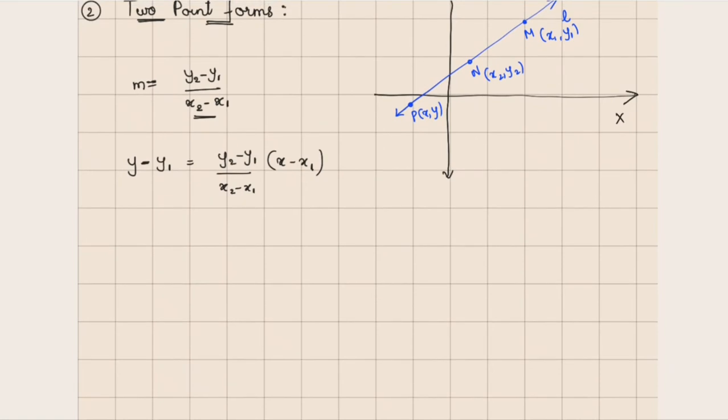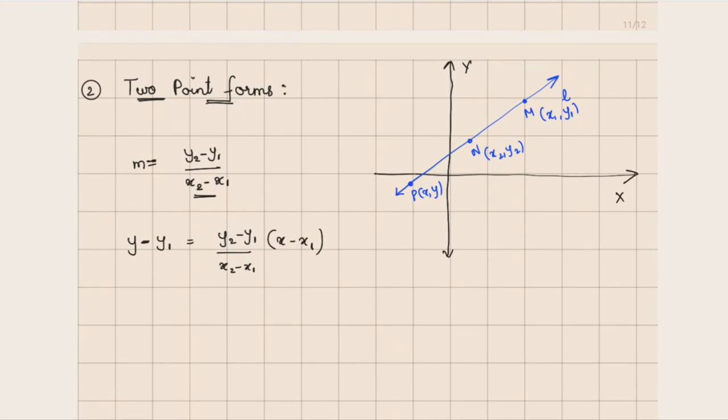Or otherwise, you can do it in a different way. We know these 3 points are collinear, so slope of MN equals slope of PN or slope of PM. This is the other way of doing it. Slope of MN equals slope of PM, which equals slope of PN. You can consider any one of these and solve. You get the same as this.